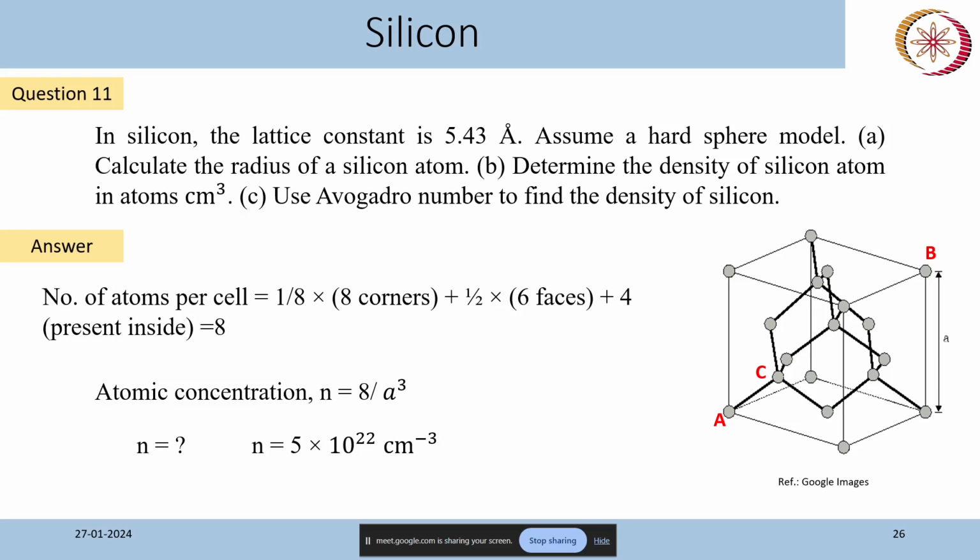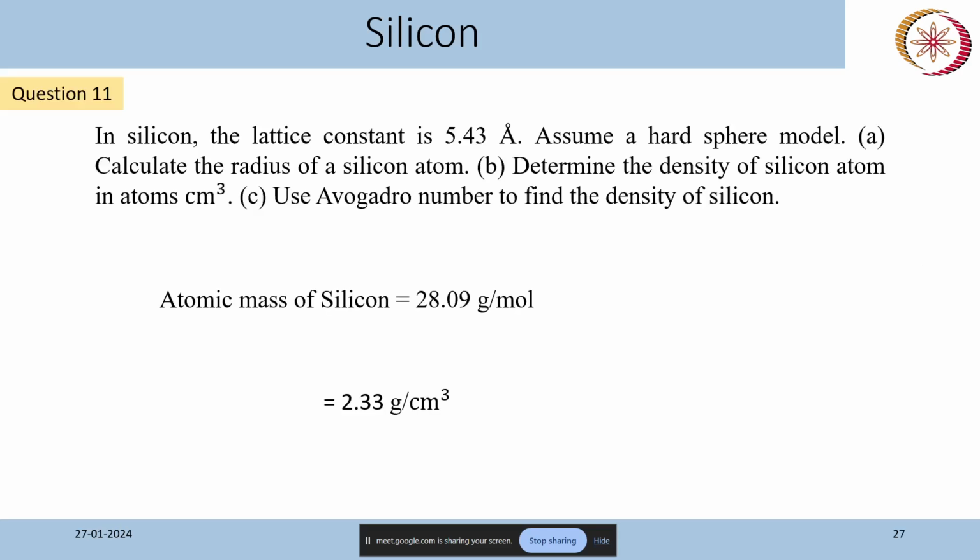So maybe you have made some mistakes in calculation, so you can check again. What atomic weight of silicon have you considered? 22? You can check and correct it.